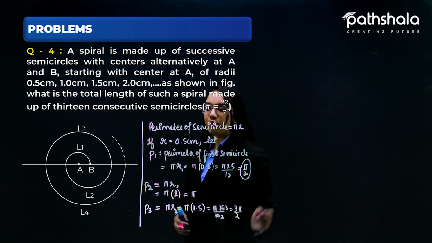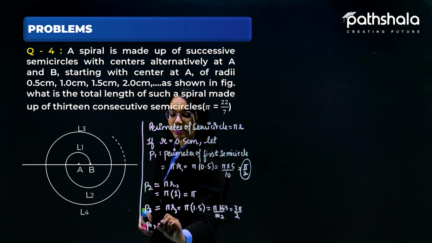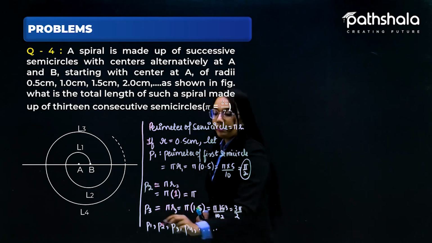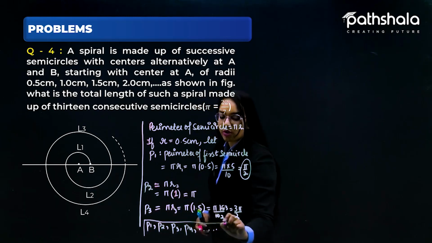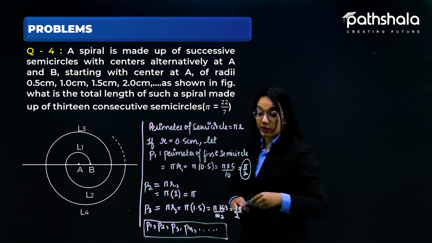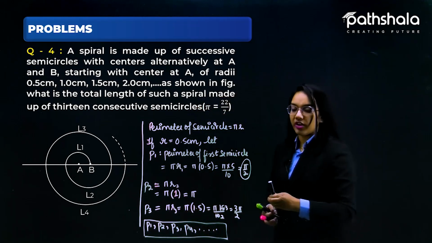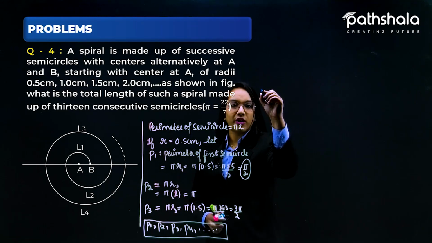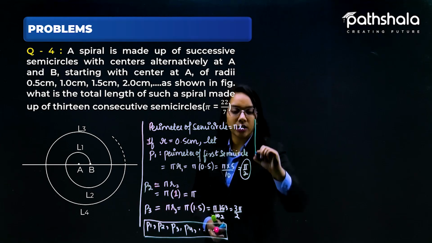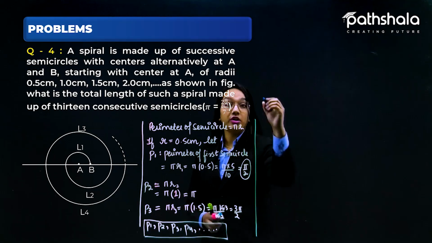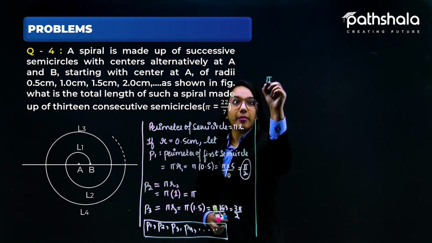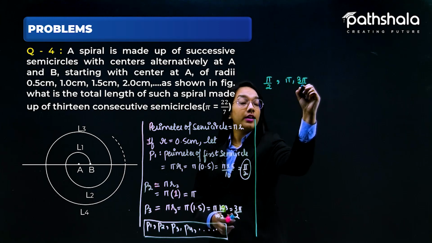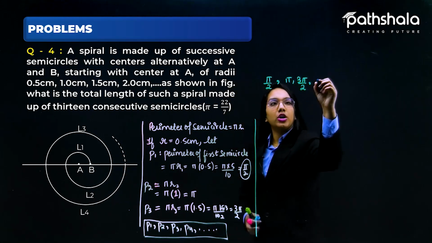If I move on like this, we have the perimeters P1, P2, P3, P4 and so on. Substituting the values of all the perimeters, we get pi/2, then P2 as pi, then 3 pi/2, and so on.